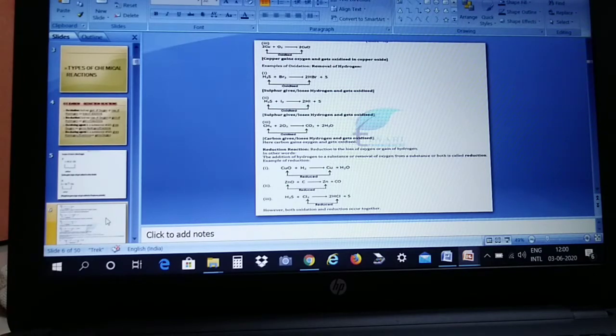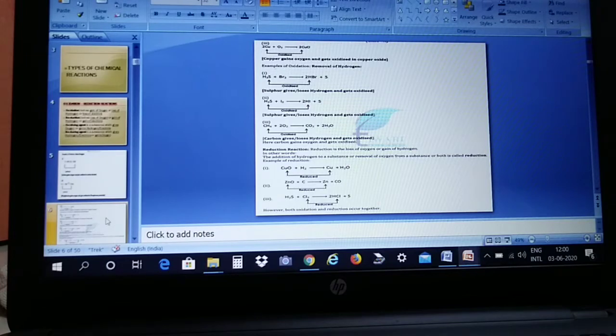Now here is one more example. Hydrogen sulfide plus bromine gives hydrogen bromide plus sulfur. So sulfur loses hydrogen and gets oxidized. Please make a note in your notebook, children. Next, hydrogen sulfide plus iodine gives hydrogen iodide plus sulfur.